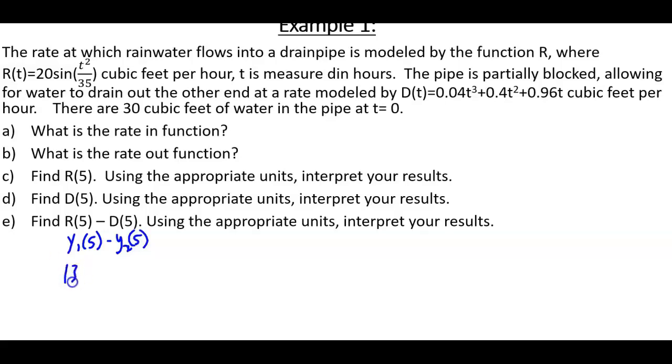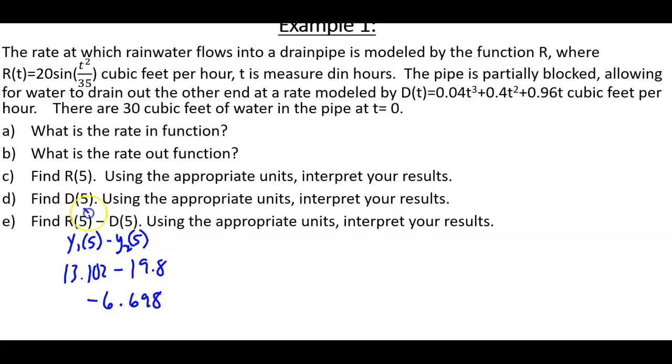For that one we had 13.102, and for the other one here we had 19.8. And so if I subtract those two things, I get negative 6.698.